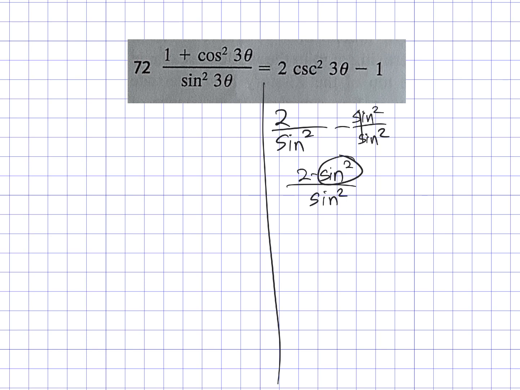What do we know about sine squared? Cosine squared plus sine squared equals 1, so sine squared is the same thing as 1 minus cosine squared.